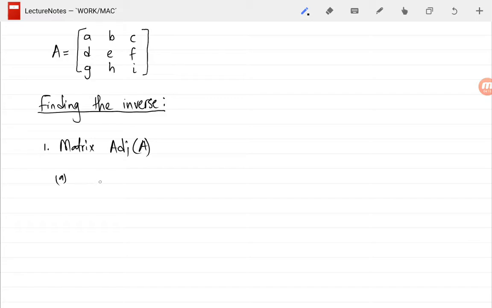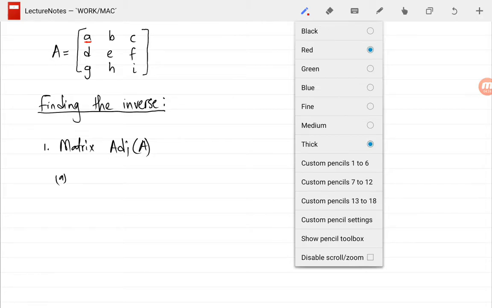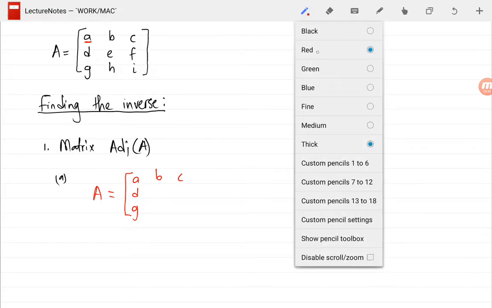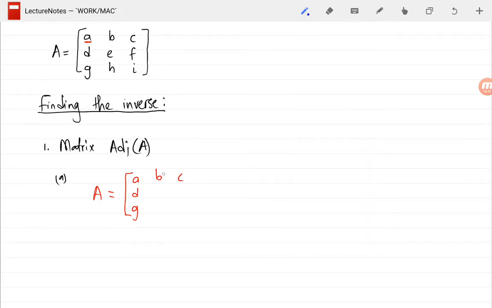Let's say for our member A, if we look at the matrix the way it is, we can use it like this. If we draw A again, we write it in this form: A, D, G, B, C, and I'm going to use another color now, blue.